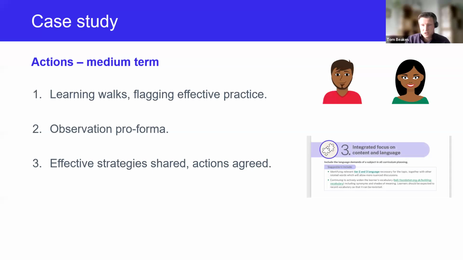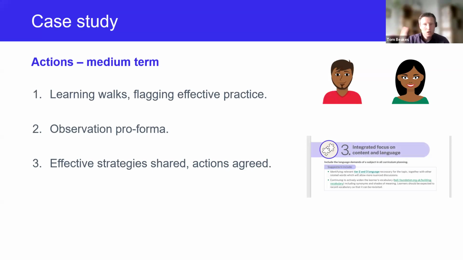Those effective strategies are shared by the EAL champions. So the EAL champions have been experimenting with their ideas, and then they're able to go to their departmental meetings and share what works, what hasn't, and they can use examples backed up with the things they've been doing in the class.